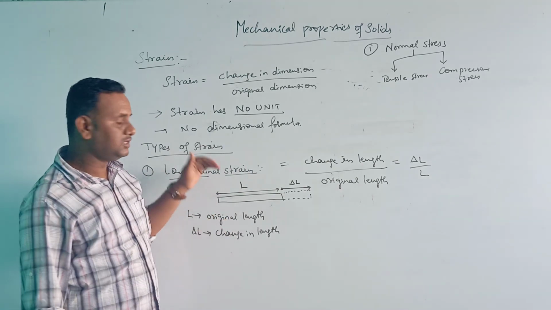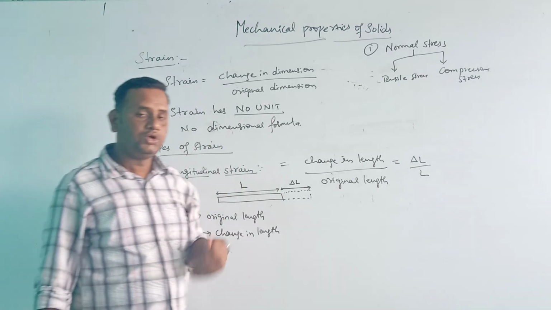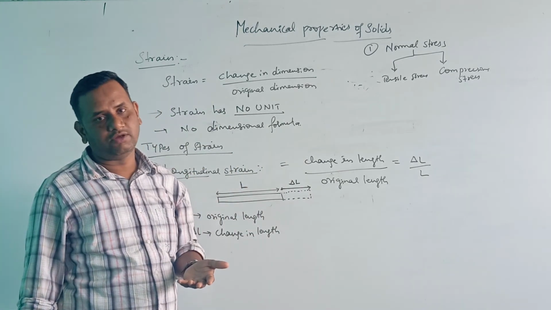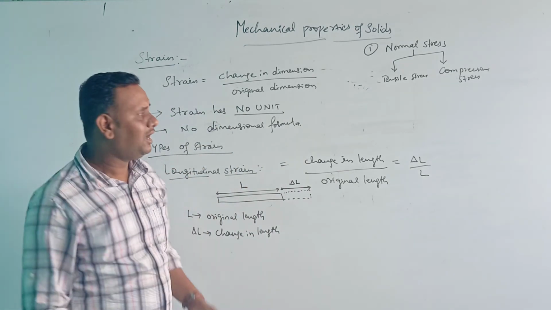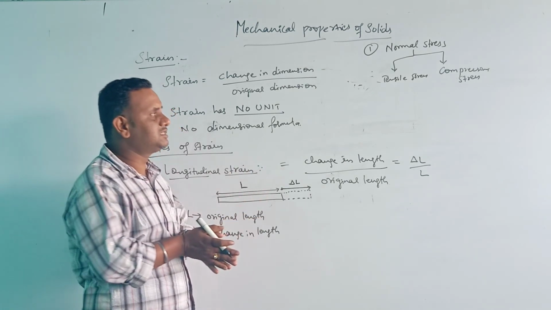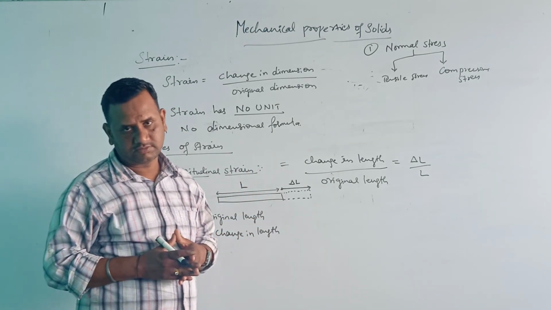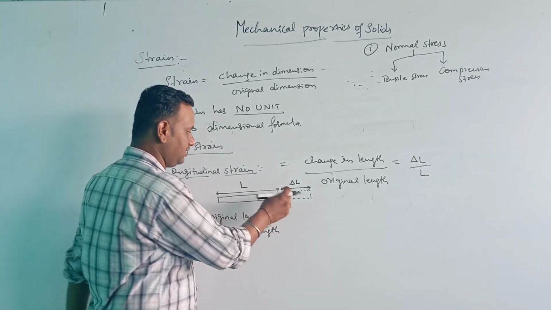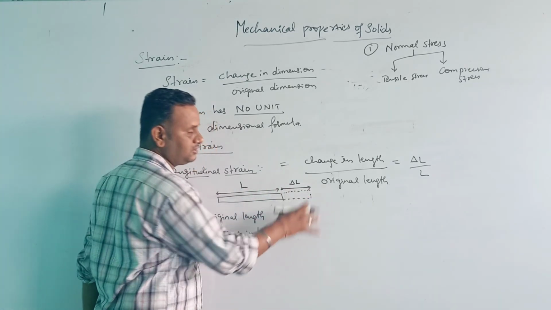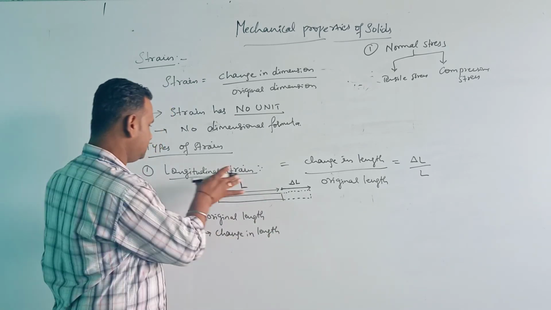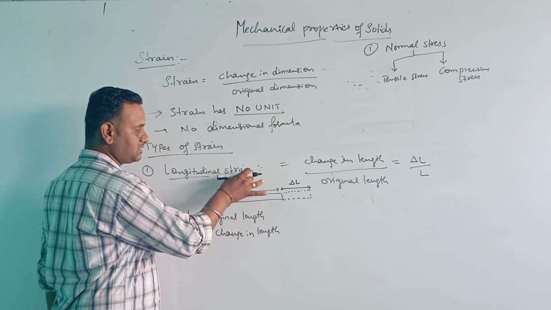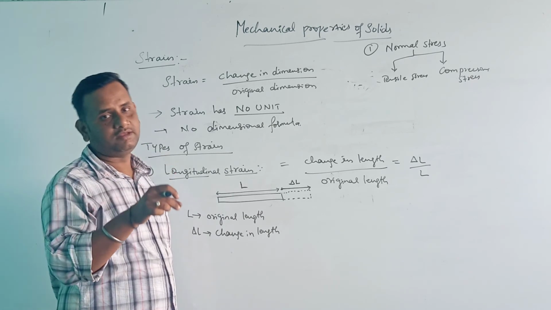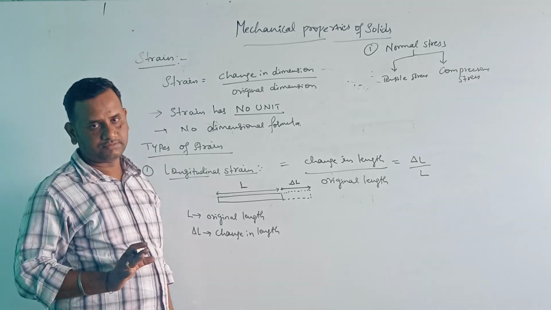This type of strain will be produced when tensile stress is applied on the rod. Either it might be a tensile stress or a compressive stress. Here we apply the tensile stress, so there is an increase in length. This longitudinal strain is produced when tensile stress is applied on the body.